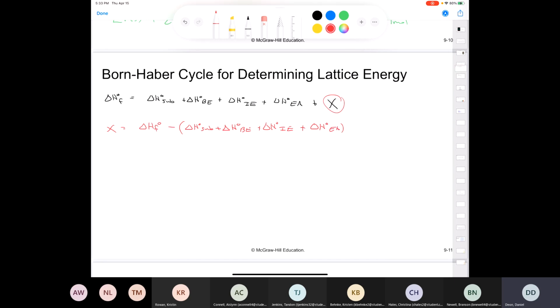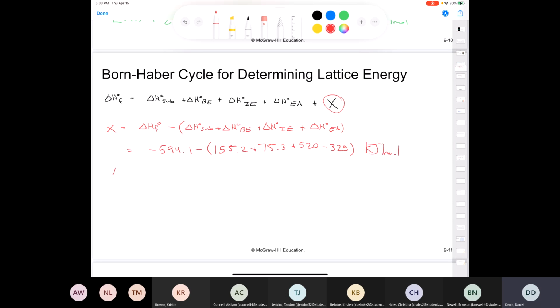There we go. And we have all of these numbers. So really all we have to do is plug them in. I'll show you quickly, and you can double check my math on this. We have negative 594.1, subtract 155.2 plus 75.3 plus 520, or sorry, subtract 328, like that, and all of that is kilojoules per mole.